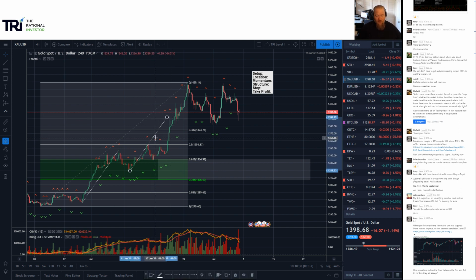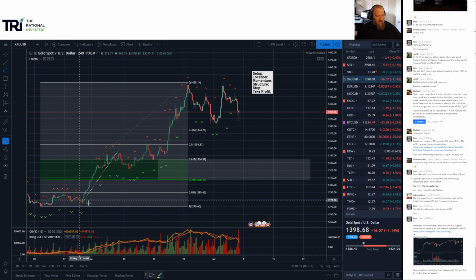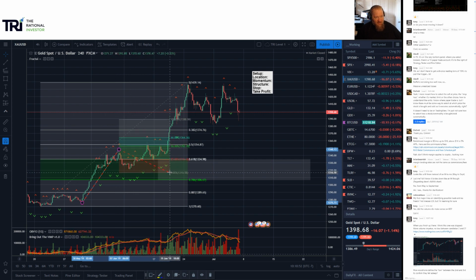Another tool you can use, and I do like it a lot, it makes this whole thing a lot easier, is the trend-based fib extension. What you do is you draw off the first one, and then you come down to the base of the pivot, and it will project for you. Now, it doesn't project in time for you. It just projects vertical distance of price.